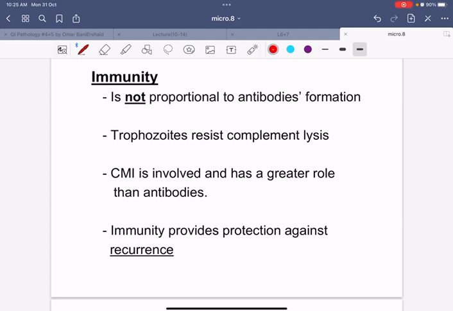These are just points to activate your memory in immunology. Cell-mediated immunity plays more of a role than antibody. Immunity provides protection against recurrence. Someone may ask me, Doctor, you said antibody is not protective. Antibody and cell-mediated immunity both play a role in protection.